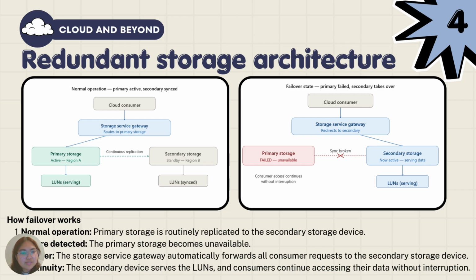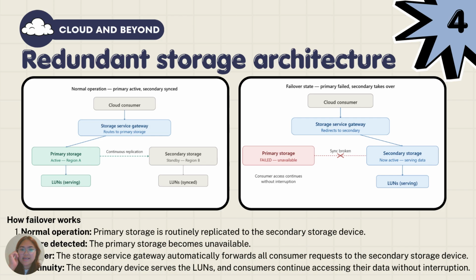But what happens if there's a failover? The storage service gateway will redirect the cloud consumer to the secondary. Secondary storage is now the active one and it will be serving the data. It will not be synced with the primary storage since the primary storage is unavailable, and it stores the data on the LUN.